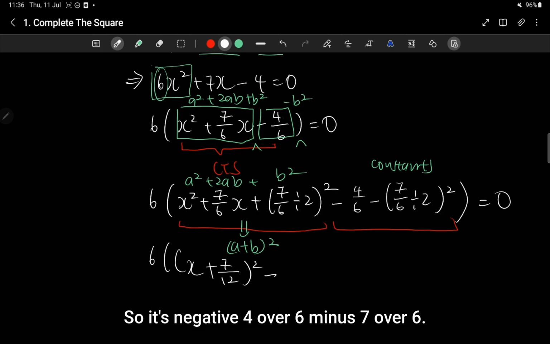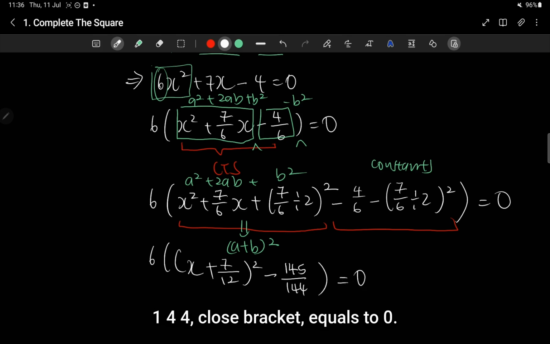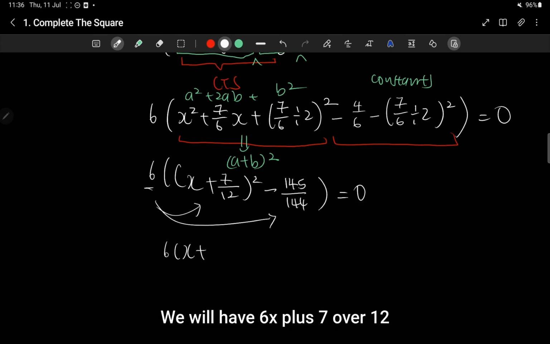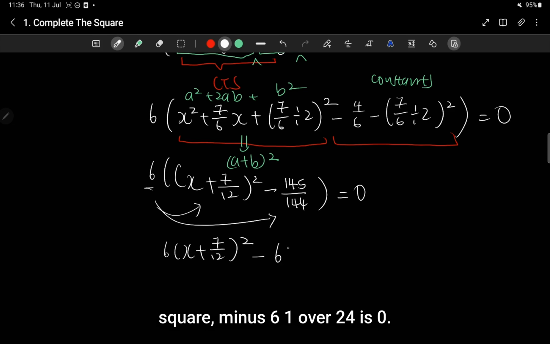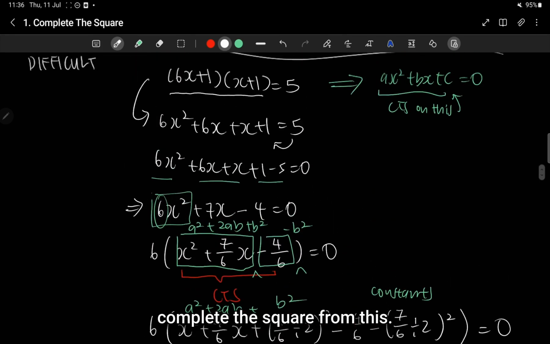So it's negative 4 over 6 minus 7 over 6 divided by 2 squared. And we will have negative 145 over 144. Close bracket equals 0. And the last step is to take the 6 and expand inside. And what will we get? We will have 6 bracket x plus 7 over 12 squared minus 6 over 144, that is 1 over 24, equals 0. And this is our final answer for complete the square from this.